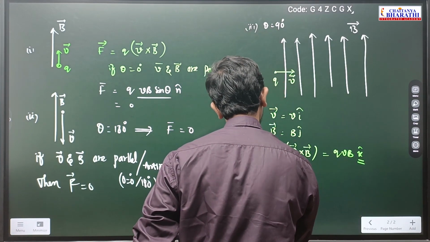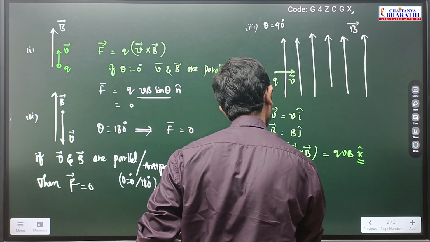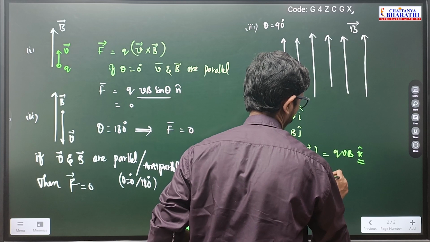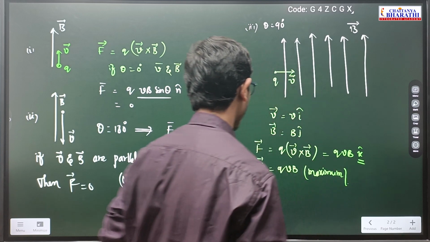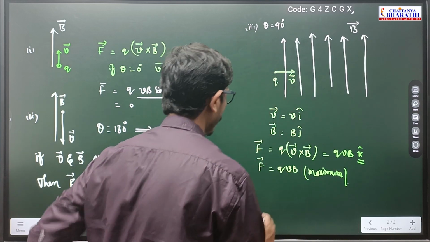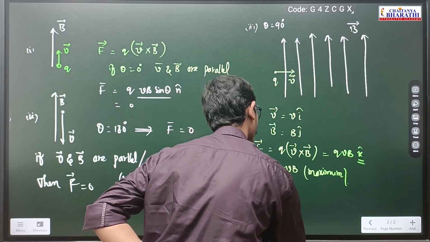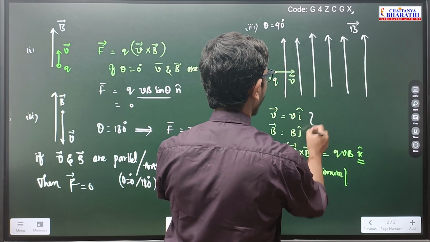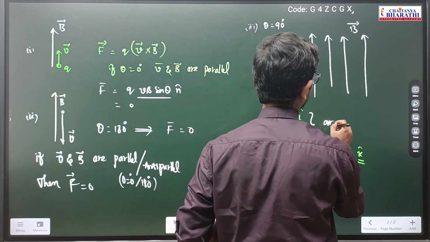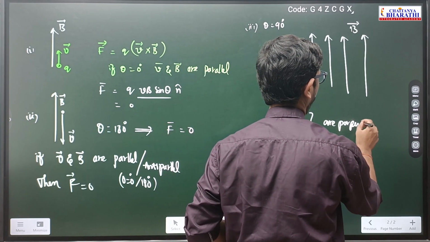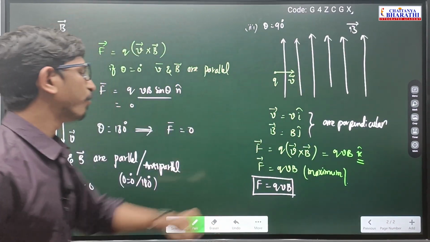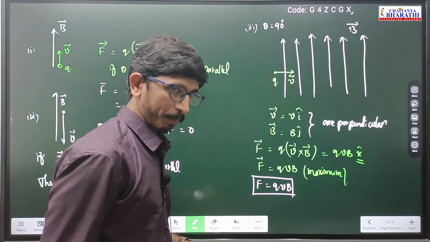You have a maximum force, F equals Q V B. The force is maximum here, when V and B are perpendicular.